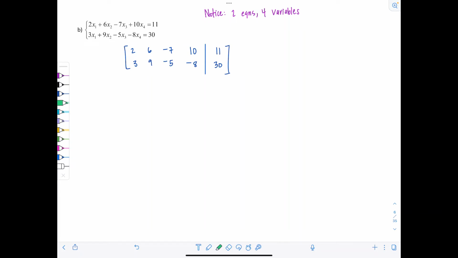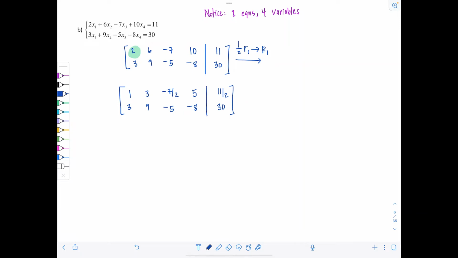So this 2 needs to become a 1. So best way to go about doing that, I can't swap the rows like I did last time, so we'll just do 1/2 row 1 is the new row 1. Okay, so this will be 1, 3, negative 7/2, 5, 11/2, and then let's leave row 2 as is.